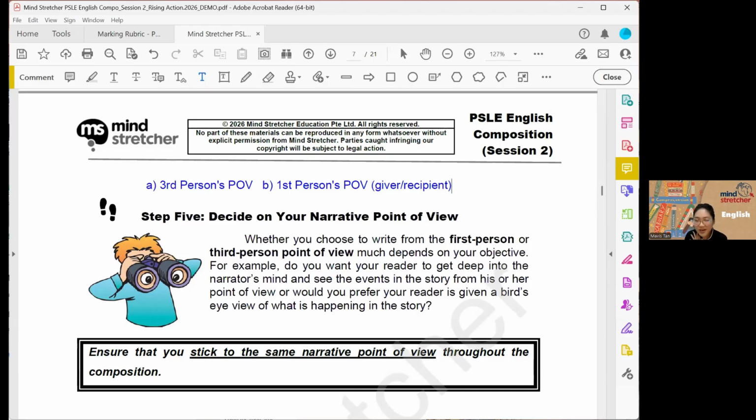After marking so many compositions, I realized that for students who tend to make mistakes in perspective shifting, the first person is less risky. That's my experience. You can feel free to disagree. But from my experience, the first person reduces the risk of suddenly changing perspective.